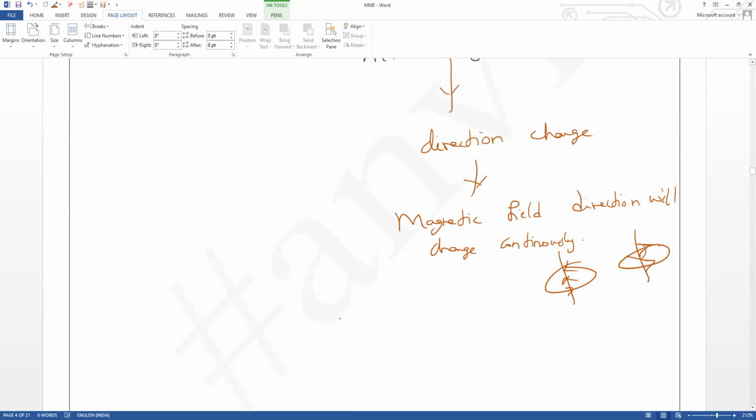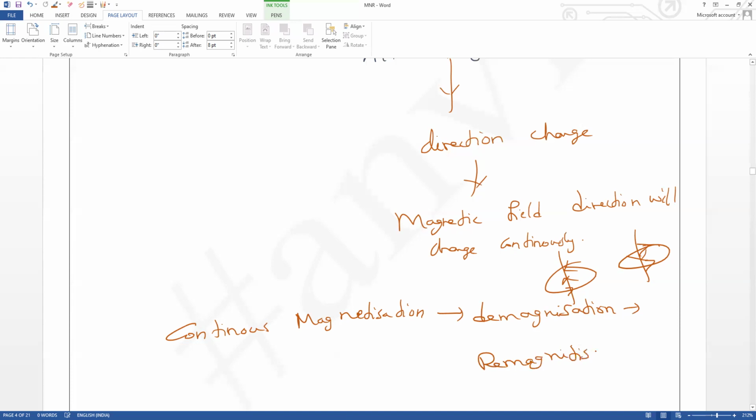So like that, continuous magnetization takes place, continuous demagnetization takes place, and again remagnetization also takes place, but in the reverse manner. Does anybody remember the hysteresis graph? Remagnetization is in the opposite sense.